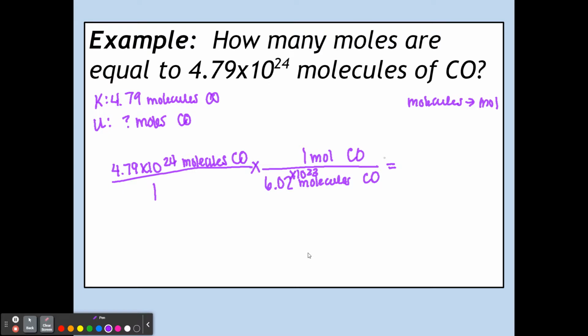Notice now I'm dividing 4.79 times 10 to the 24th by 6.02 times 10 to the 23rd. I got 7.96 moles of CO.